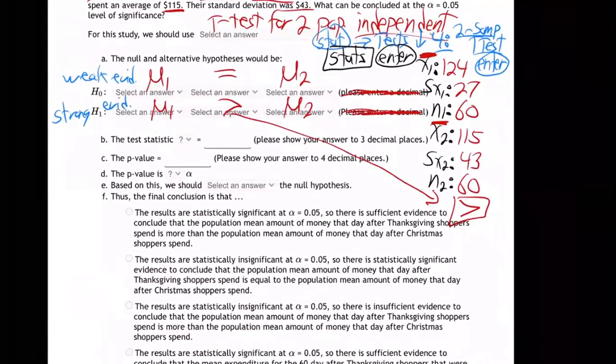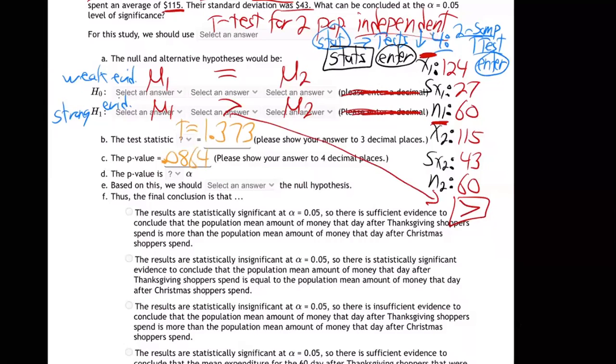Put all that information in, and I just did and hit calculate, and I'm getting a t-value equal to 1.373, and a p-value, round to 4 places, 0.0864.